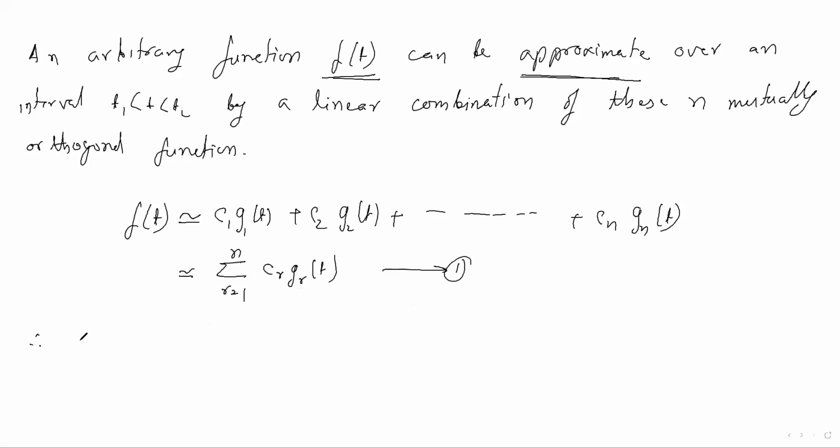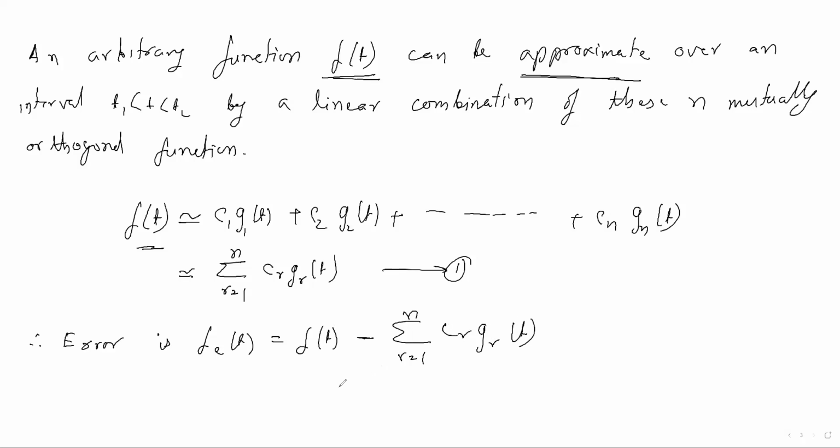After that, what error will be calculated? Since it is an approximation, the error will be found by substituting this value: f(t) minus summation r equal to 1 to n of cr gr(t). This is the second step.